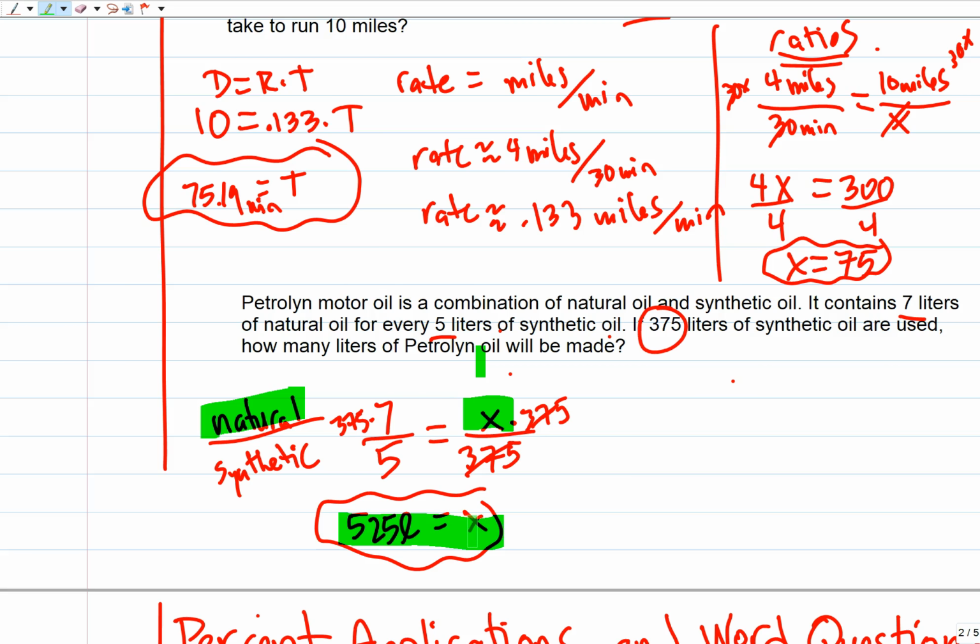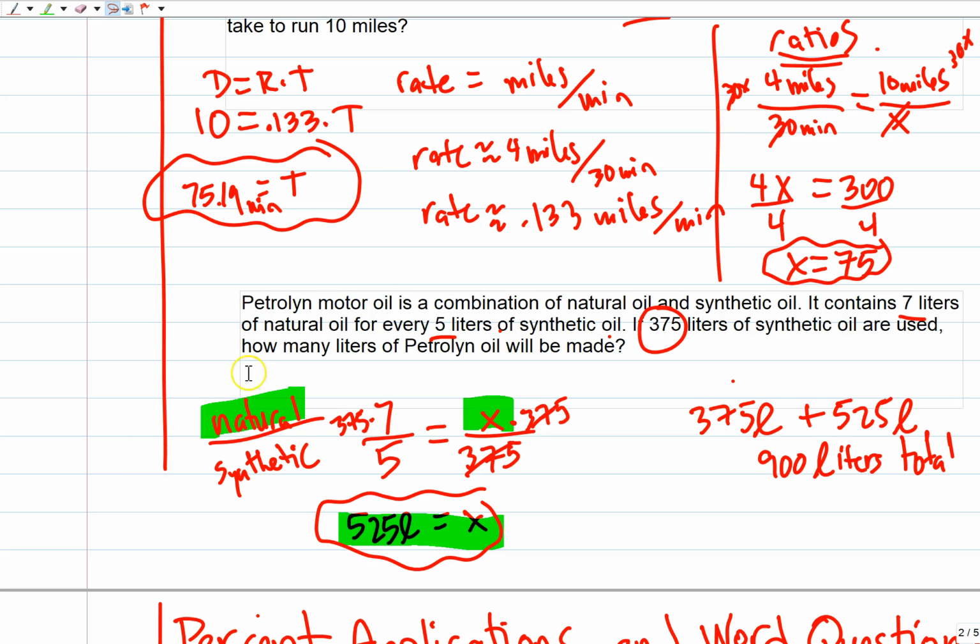So we basically used 525 liters of natural. The question is, how much oil total are we going to use? Well, I'm going to use 375 liters of synthetic plus 525 liters of natural, which adds to 900 liters total.